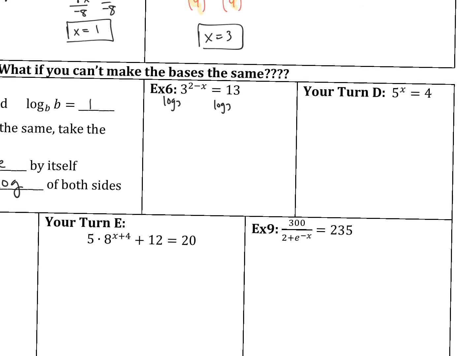Okay, so these are going to cancel out, and I'm going to get 2 minus x equals log base 3 of 13. Okay, and remember, I can use what's called our change of base formula to figure out what this value is. All that is log of 13 over log of 3.